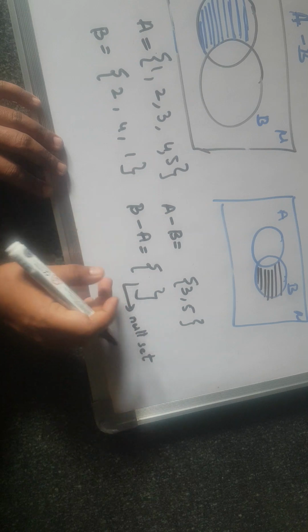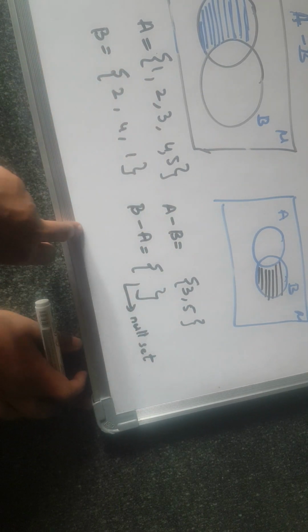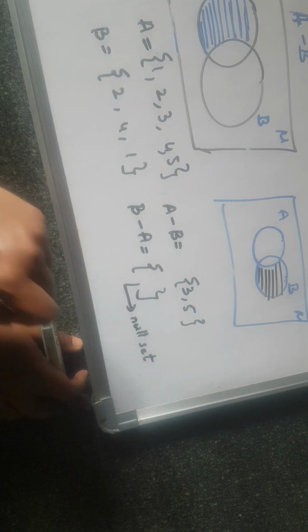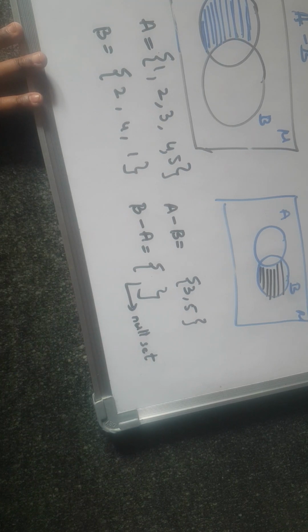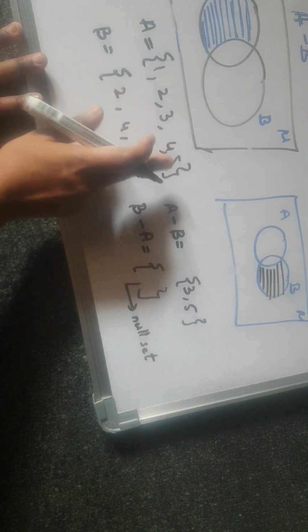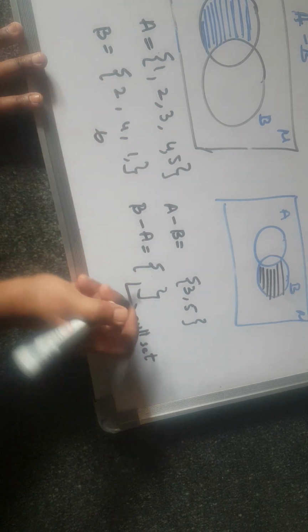All the elements are present in A, so you should not take any element, so it is a null set. B minus A becomes a null set. If you have any single element 6 here, so what will be the value here?